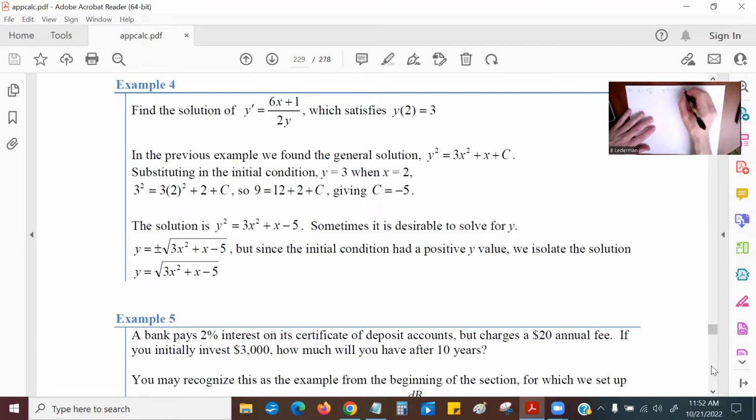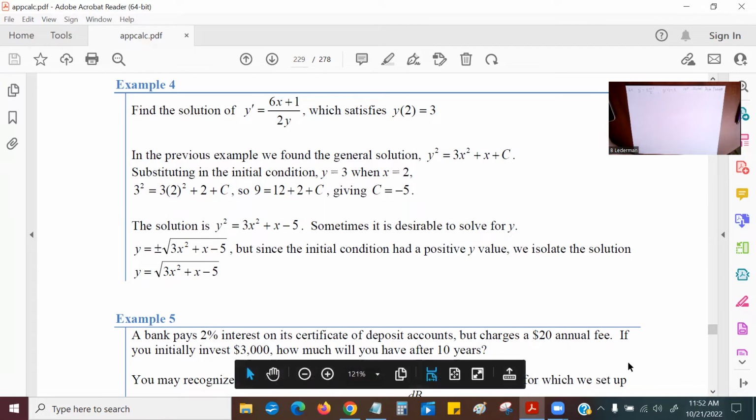And this is called an IVP, initial value problem. There we go. Now let's solve this and we'll have some fun.